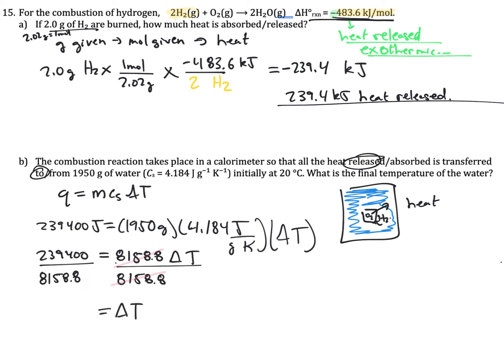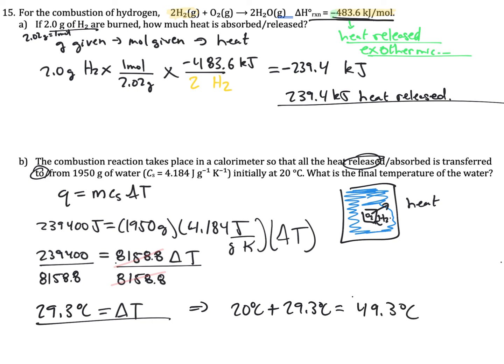Go through and do that, I get a change in temperature of 29.3 degrees Celsius, and therefore the final water temperature is just the initial 20 degrees Celsius plus the change 29.3 degrees Celsius gives me 49.3 degrees Celsius is the final temperature of the water. Again, the main issue people have is the signs here. So this is a positive heat transferred to the water.